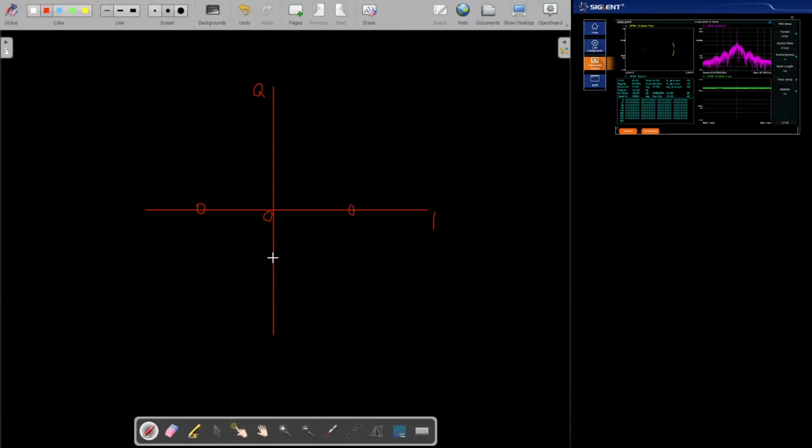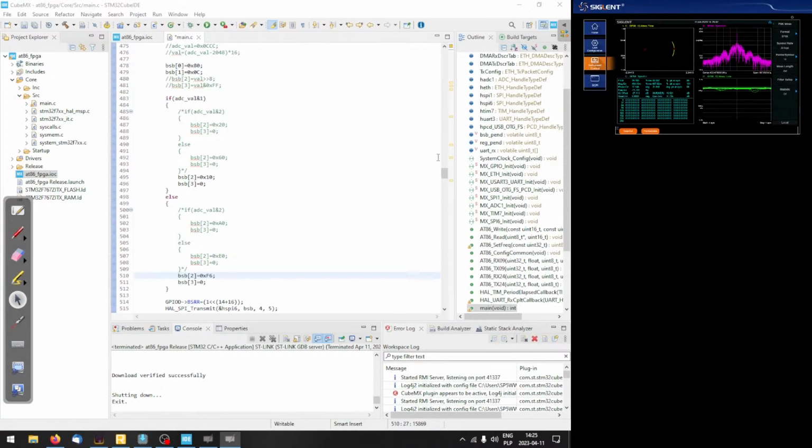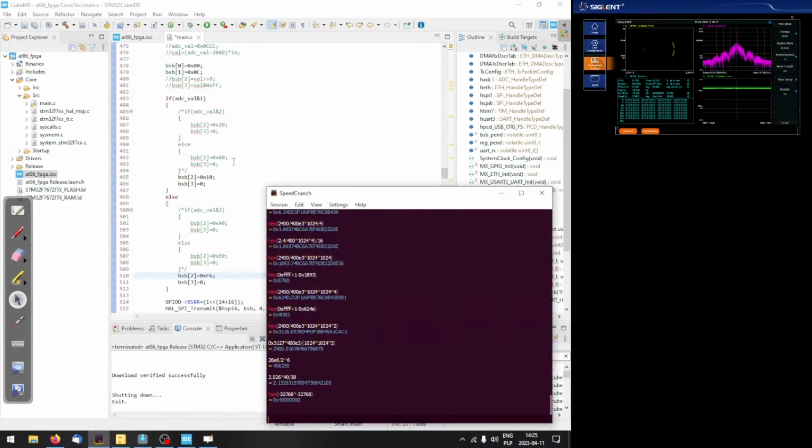Now, let's take a look at the values that we actually use. So that's 1000 and F600. If you remember correctly from our last video, our phase accumulator is actually, it's not a phase accumulator, it's a lookup table. It's 10 bits.